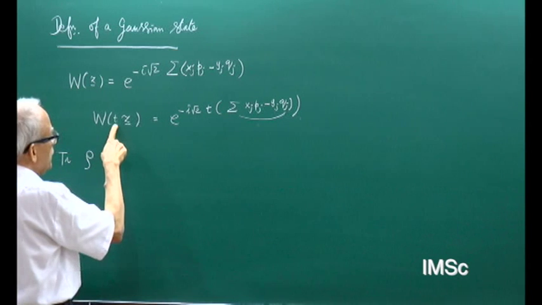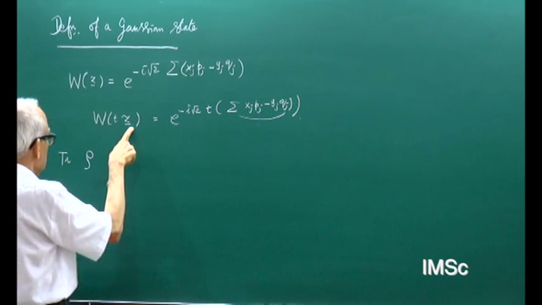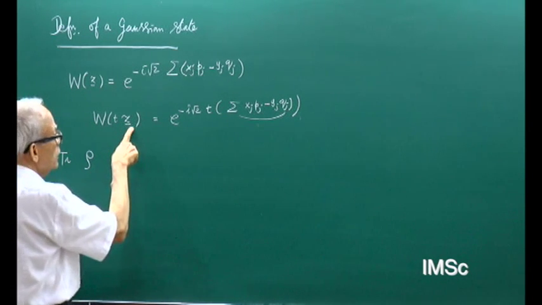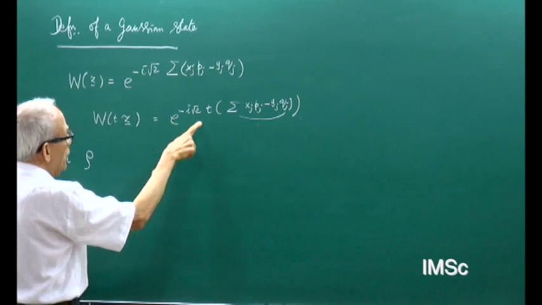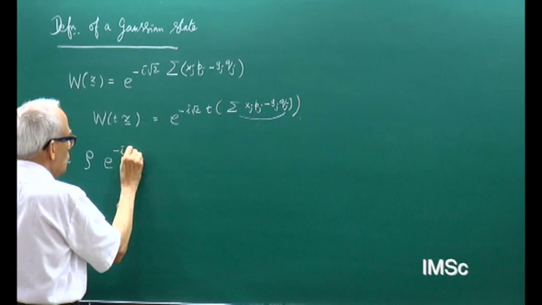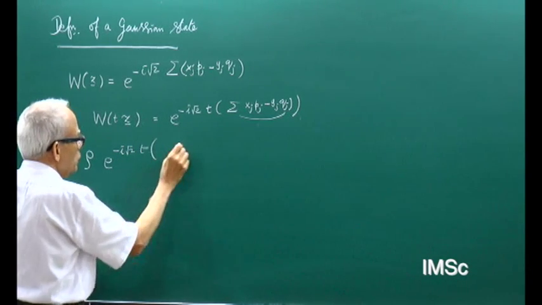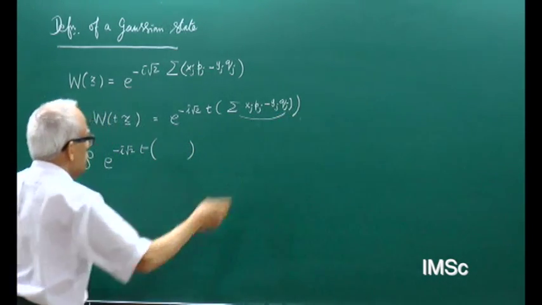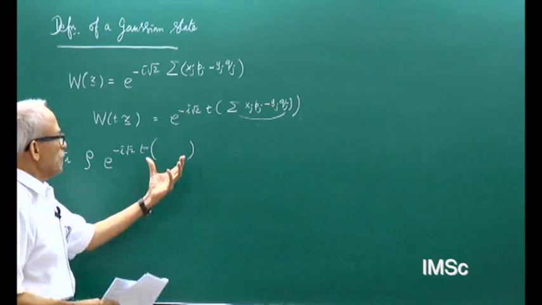That is, I want the expectation of this: trace rho multiplied by e to the power minus I root 2 t into this linear combination of p's and the q's, and this is a self-adjoint operator.